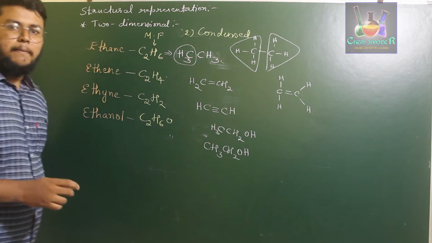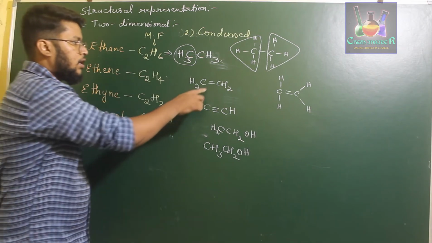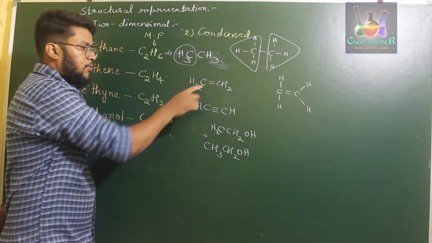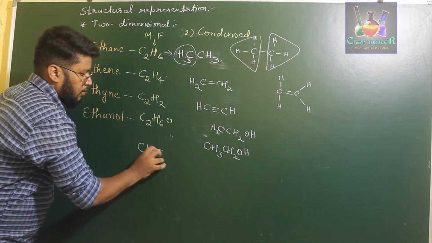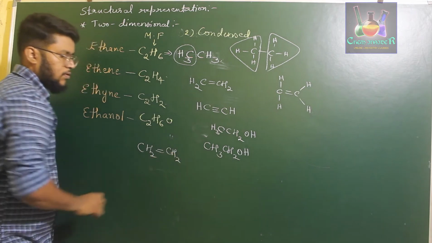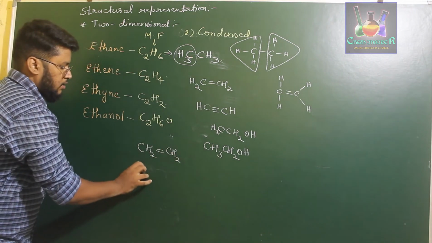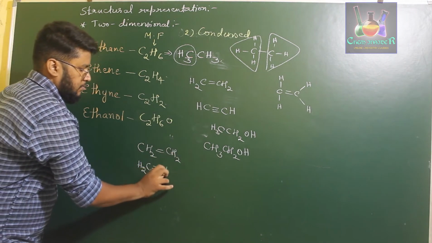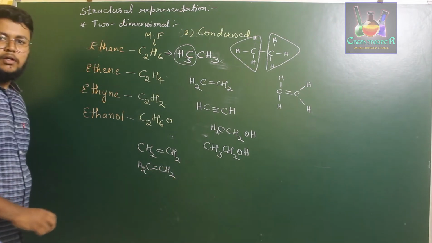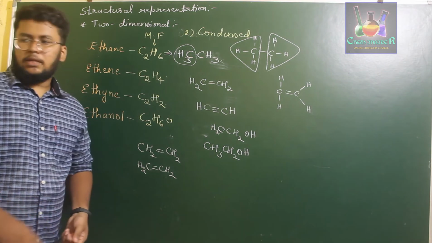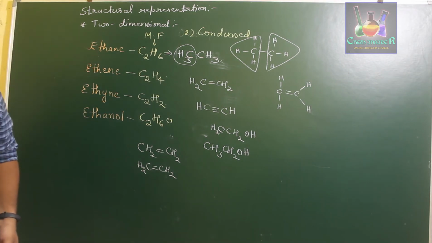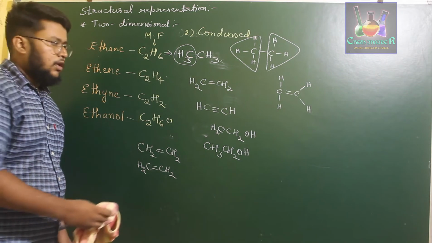It doesn't matter. But if you are denoting the bonds, you cannot write it as CH2 double bond CH2. Okay, it has to be in this type, CH2 double bond CH2. So now this is about the condensed representation of certain organic compounds.